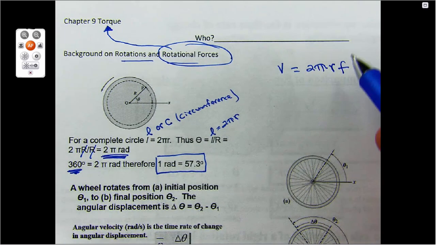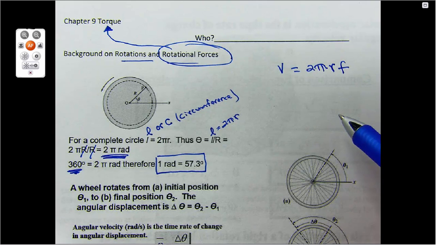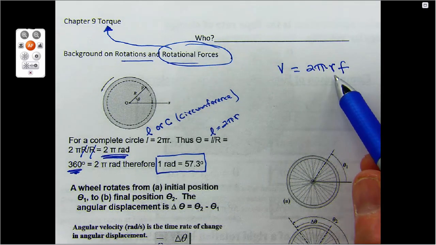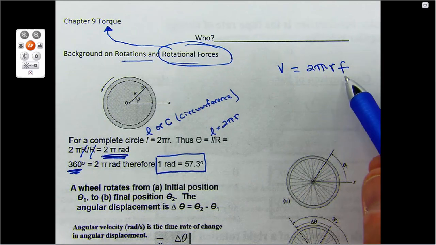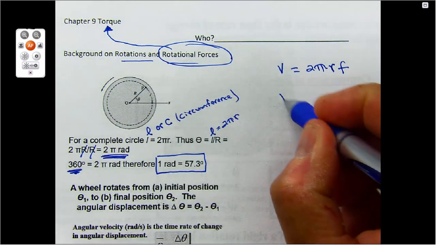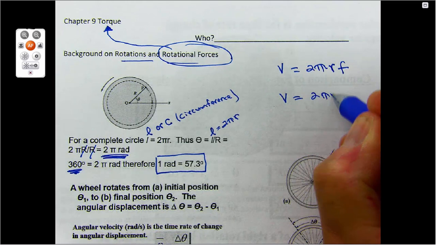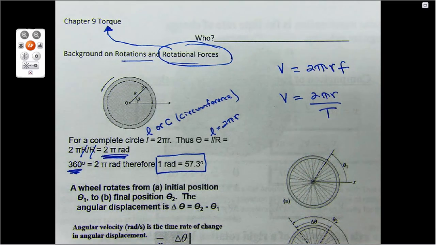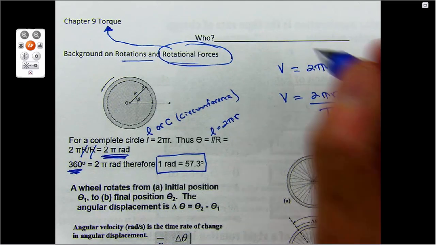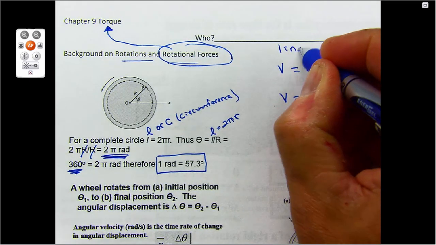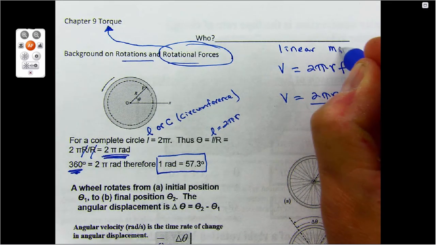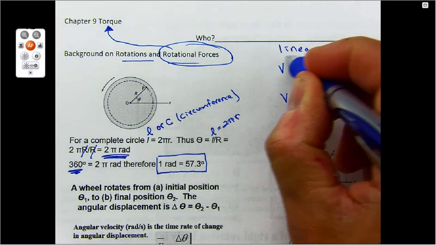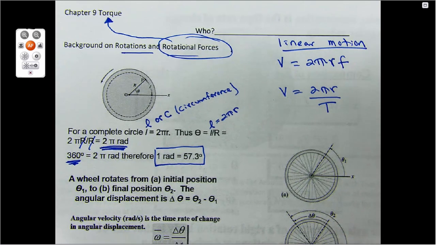That would give you meters per second, wouldn't it, at that radius? The other way could be 2 pi r divided by the period. Wouldn't that be meters per second? If you just said, what's the linear motion of that?